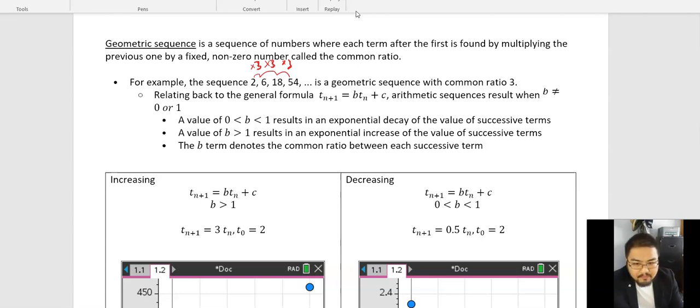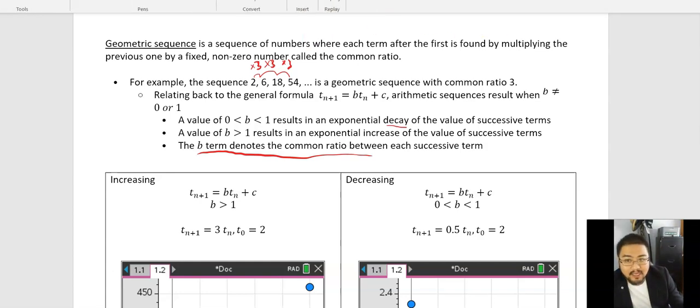A value of b between 0 and 1 results in exponential decay of successive terms. A value of b greater than 1 results in an exponential increase of the value of successive terms. b denotes the common ratio between each successive term. So b is the common ratio.